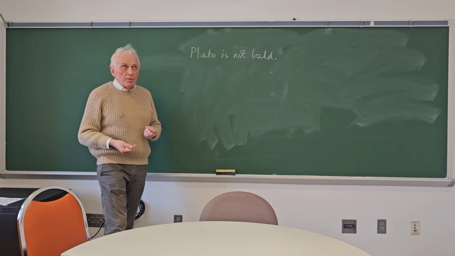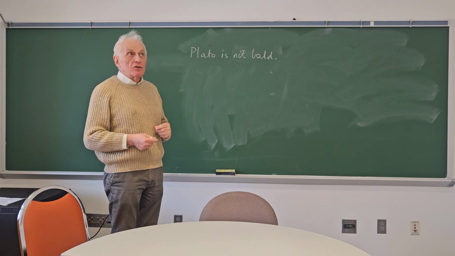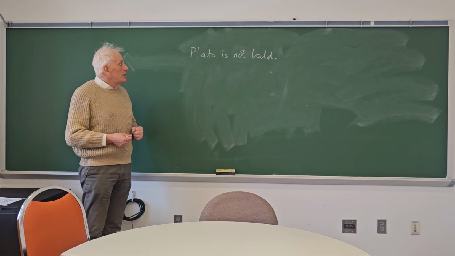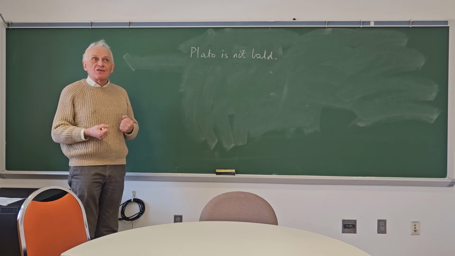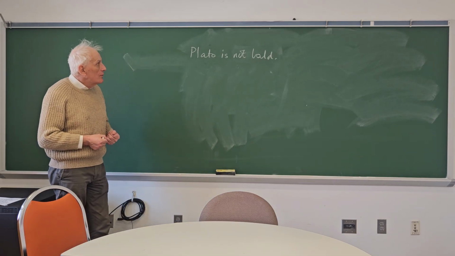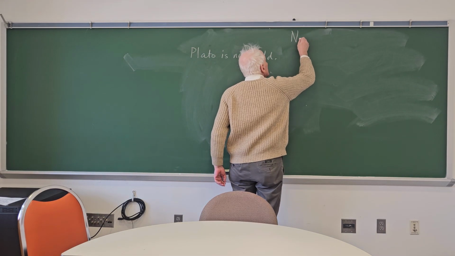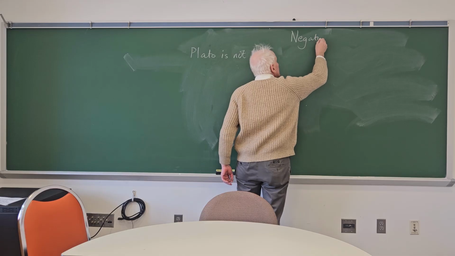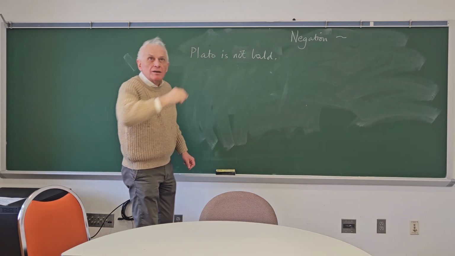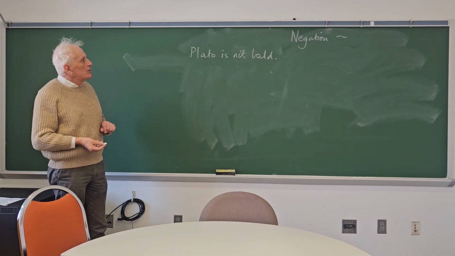So this truth functional operator that we have called negation, it's not a connective, but it's a logical operator that's applied to a sentence to give us a different sentence. The sentence Plato is bald is a different sentence from the sentence Plato is not bald. So the negation operator in our system is represented by the symbol called the tilde, a little curvy thing, usually on the top left of your keyboard if you're looking for it.